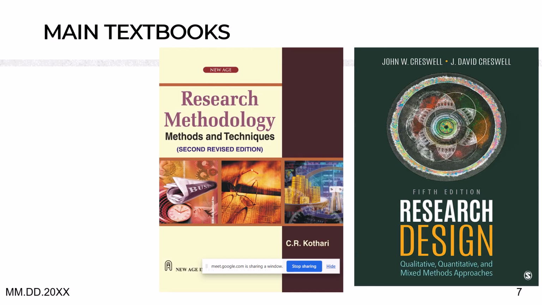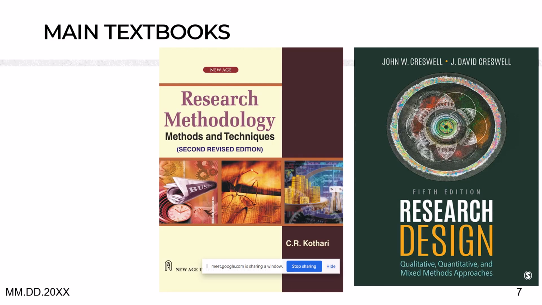The main textbooks that we'll be using during this course, we have two main textbooks which are freely available on the web. At the end of this class, I will share them on WhatsApp if you are unable to find or download them.